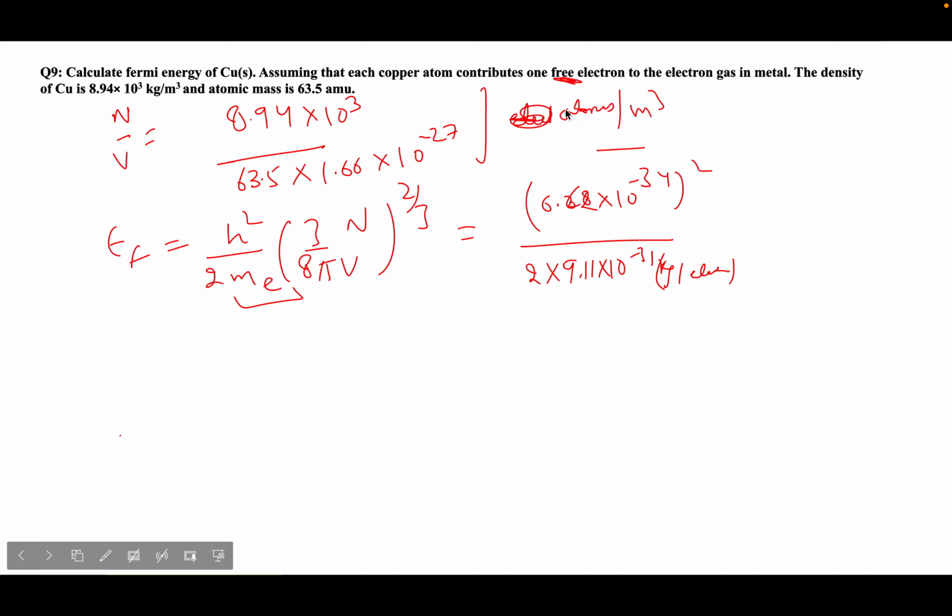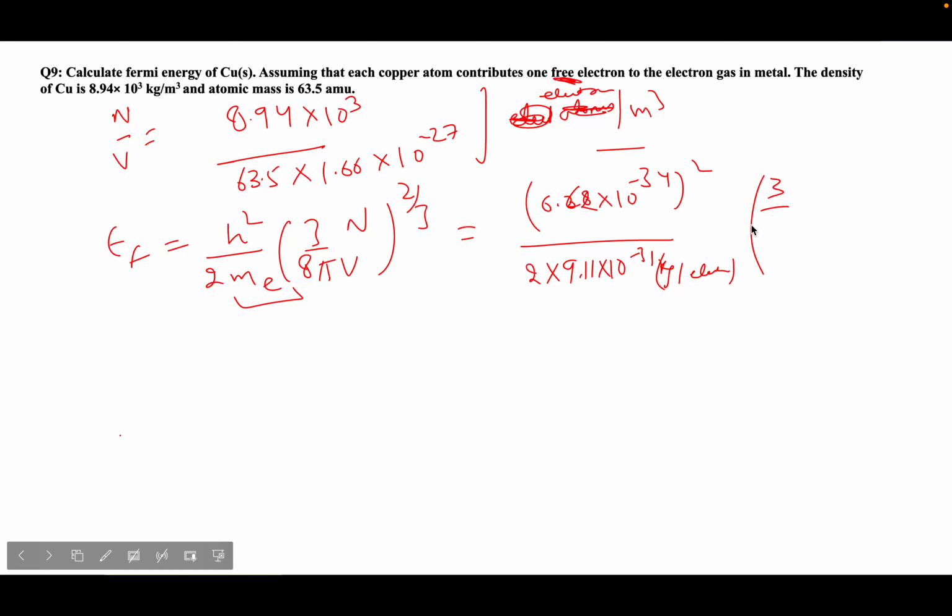This is also electrons per meter cube, because each atom contributes one electron to the electron gas.